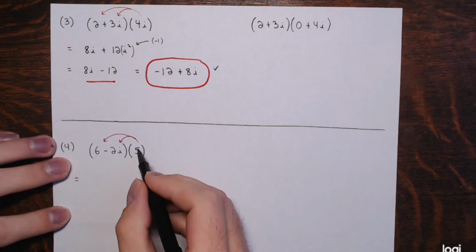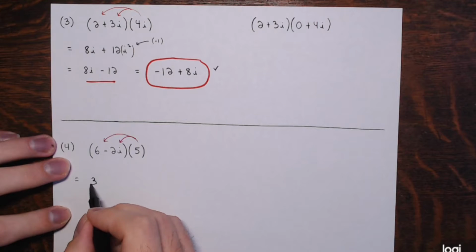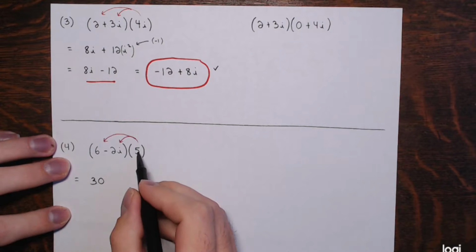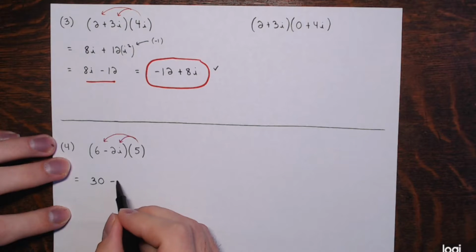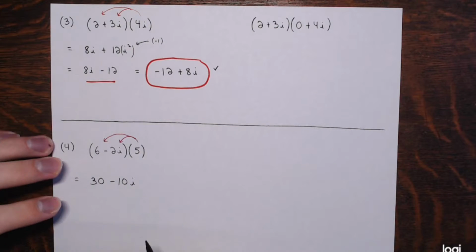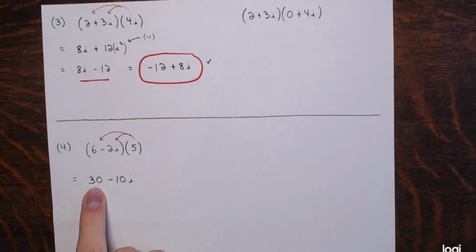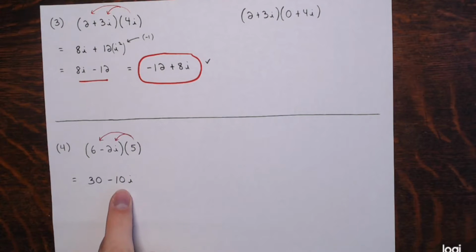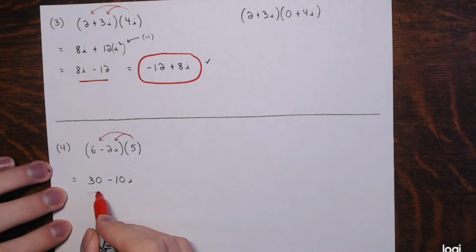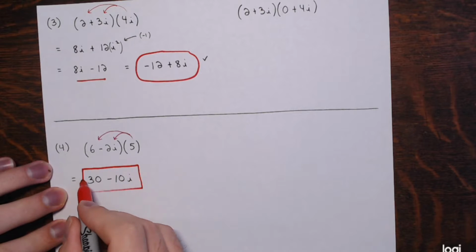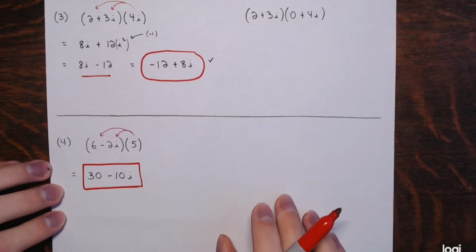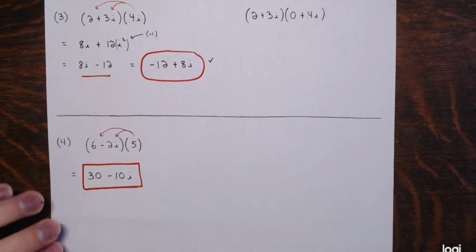So this one's easy enough. 5 times 6 is 30, and then 5 times negative 2i would be negative 10i. And this is already in standard form. You have your real number term first, and then your imaginary number term. The real part is 30, the imaginary part is negative 10. And there we go. 30 minus 10i is the product of those two numbers.